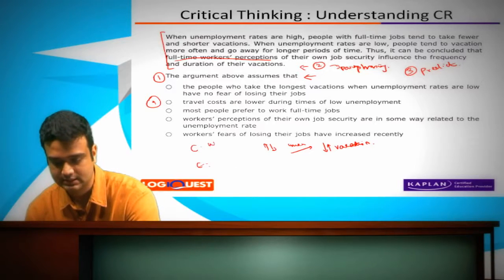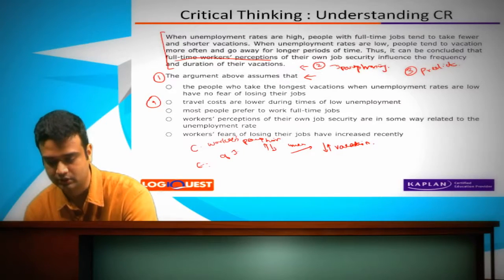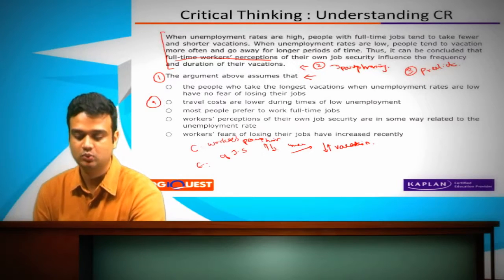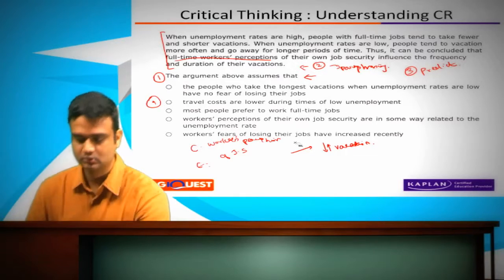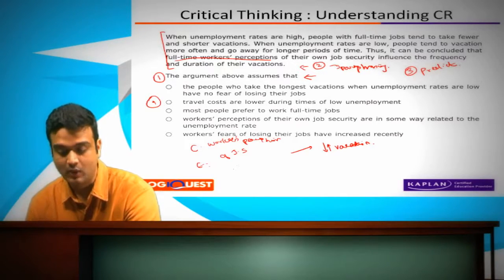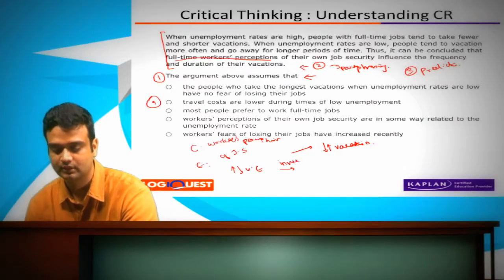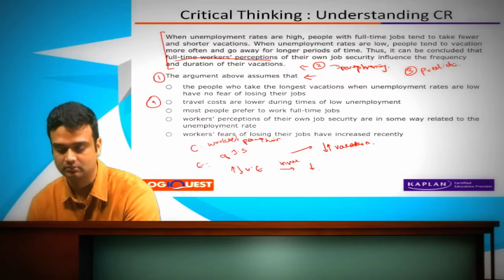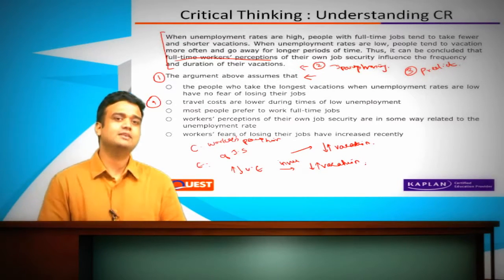So he's saying that the workers' perception of their own job security is what's causing the vacation frequencies. Why does he say that? Because there's an inverse correlation between unemployment rates and vacation times. Right? So again, on face value, it looks like a decent argument.